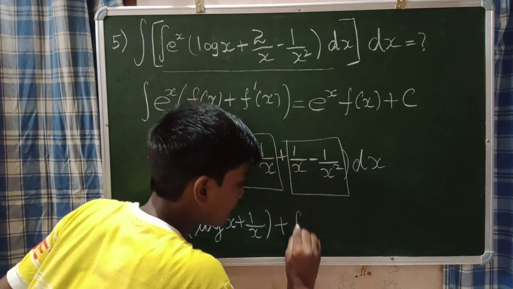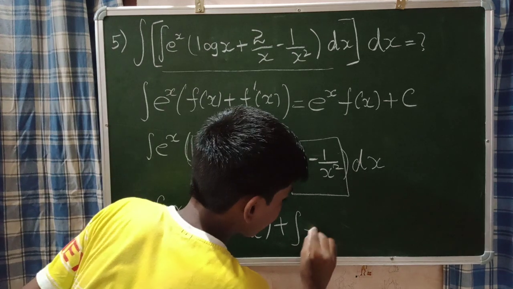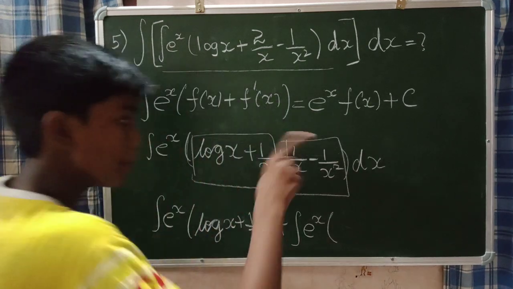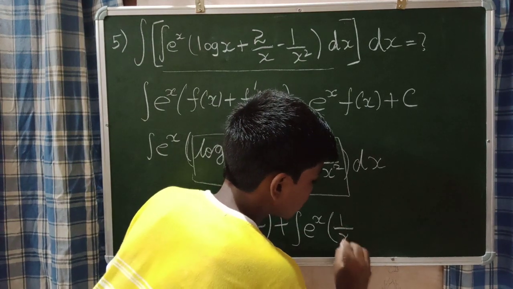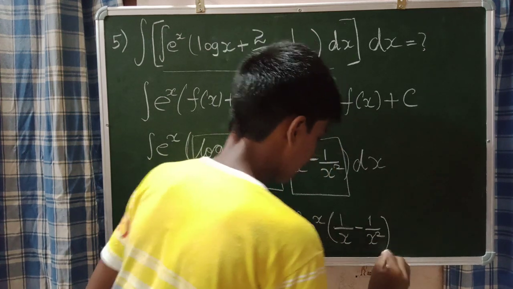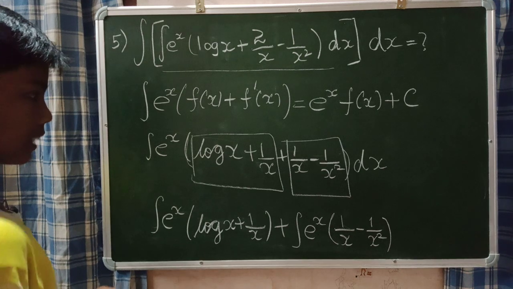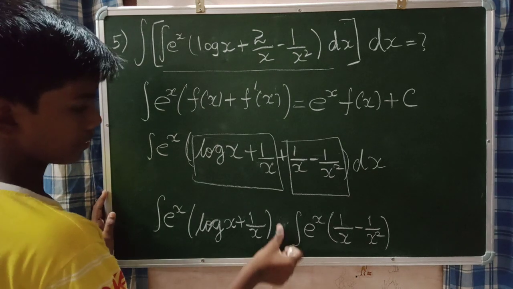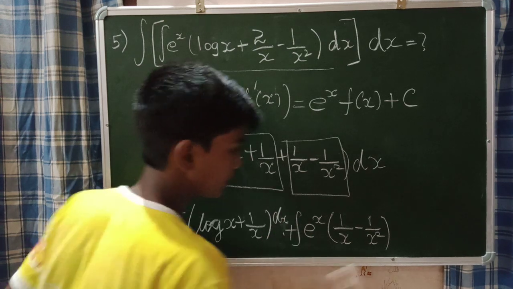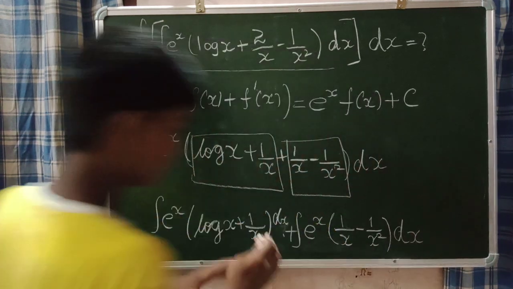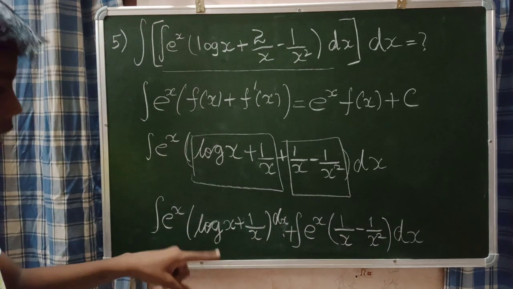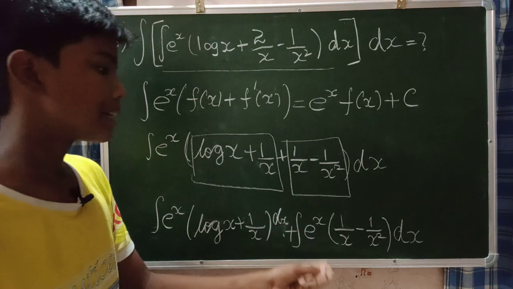Integration of e to the power of x of 1 by x minus 1 by x square. One minute, sorry guys, I forgot to put dx here. I put dx here and dx here also. So that's integration of e to the power of x log x plus 1 by x dx plus integration of e to the power of x 1 by x minus 1 by x square dx.